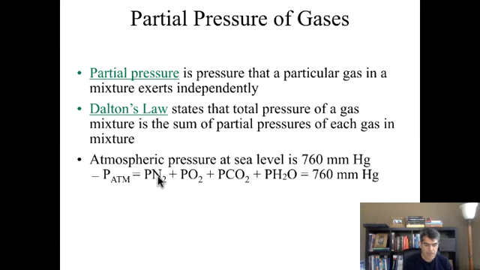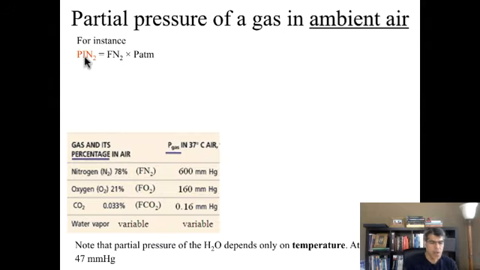If 78% of my gas is nitrogen, then 78% of this pressure should come from nitrogen. PiN2 is the partial pressure of inspired nitrogen. If 78% of my air is nitrogen and the pressure of the air is 760, therefore the partial pressure of nitrogen will be 600. In other words, 600 out of 760 comes from nitrogen.